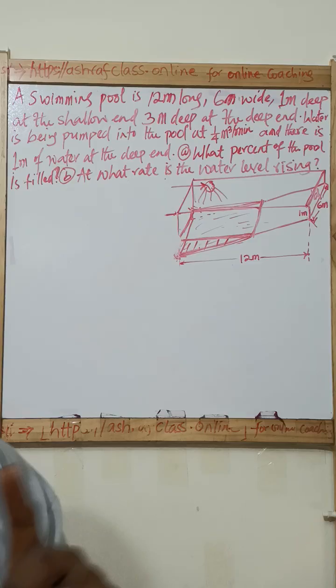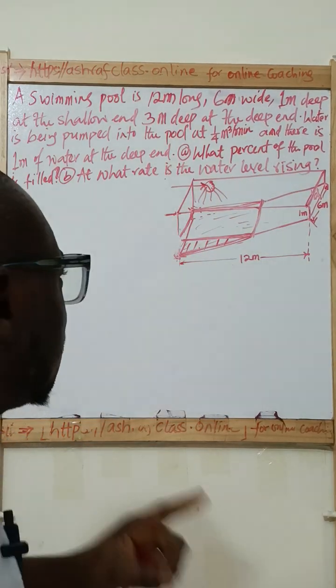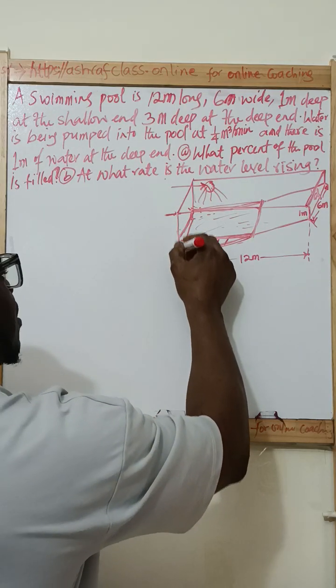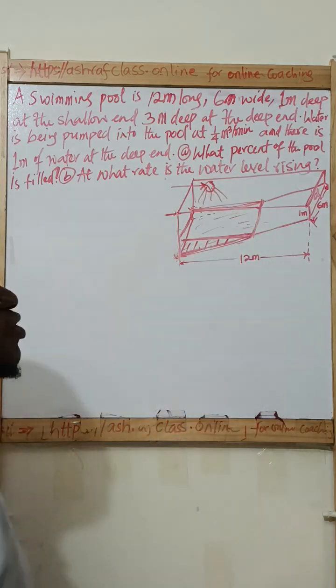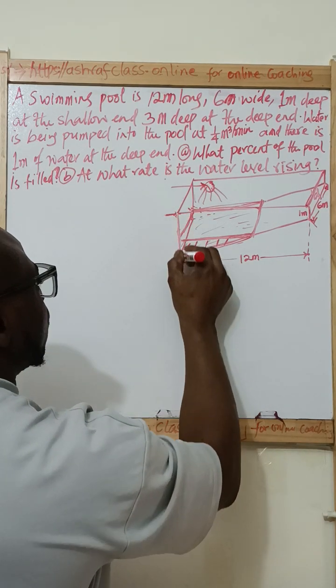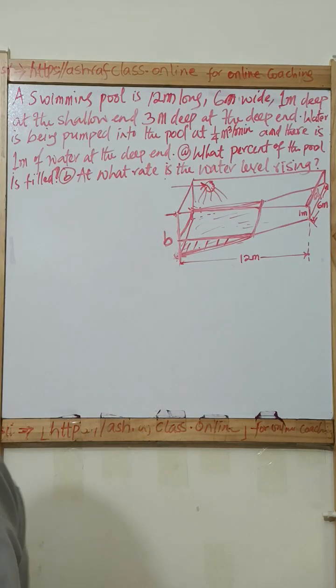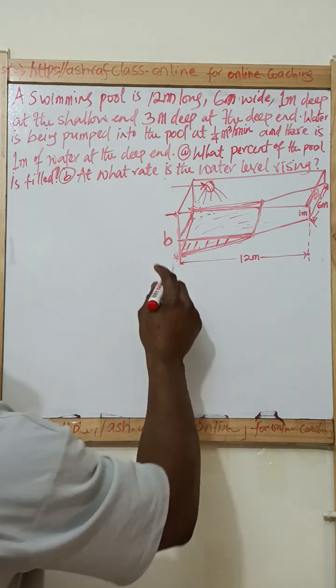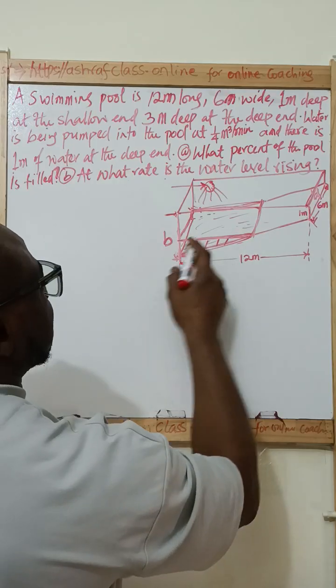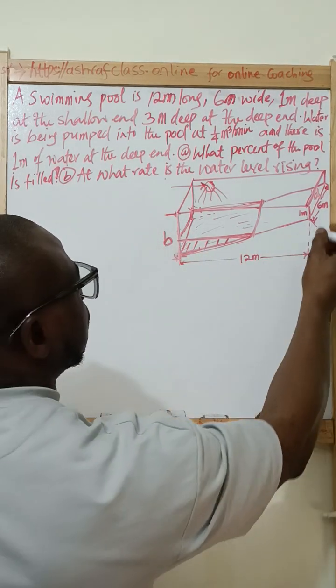Which means while the water is being pumped into the pool, the water will be rising. Let's say this is B, right? That's B. That's the depth, the deep part of the pool.